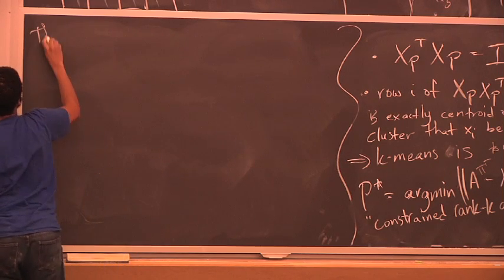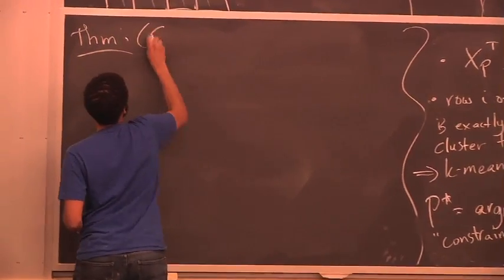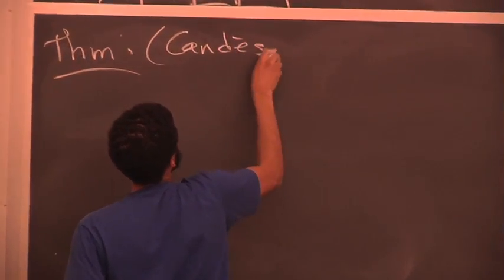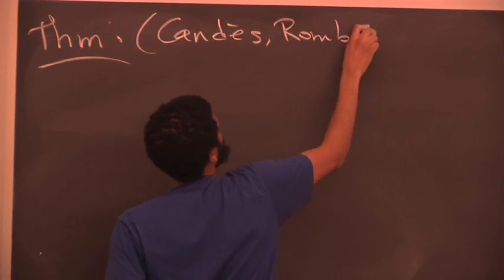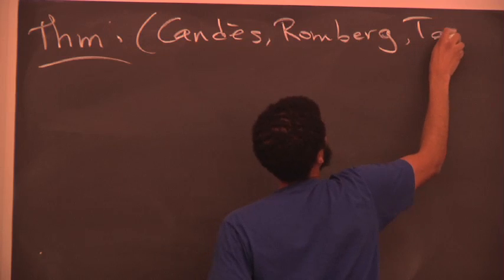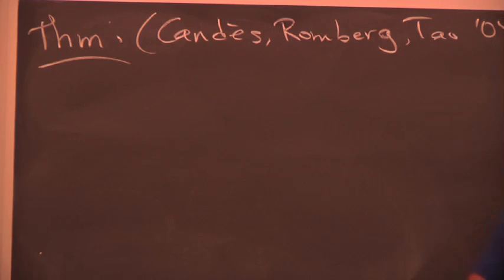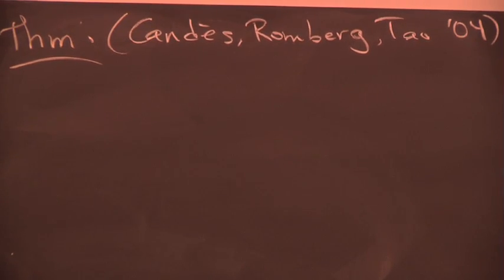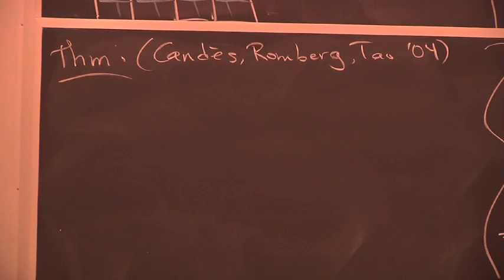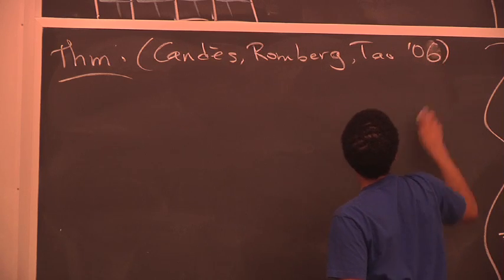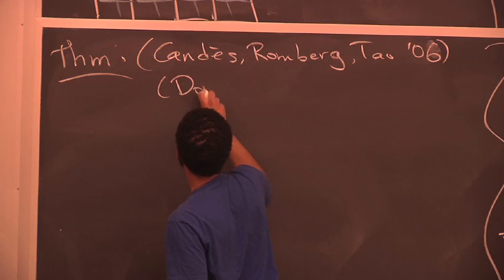So, theorem, this is Candes, Romberg, and Tao. The journal version was in '06, I guess. I don't know why I put '04. And also Donoho.